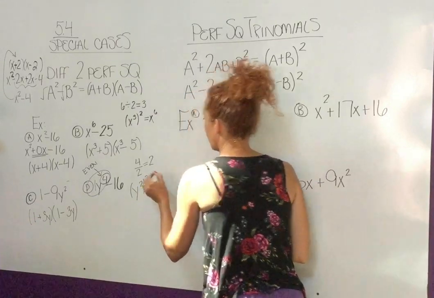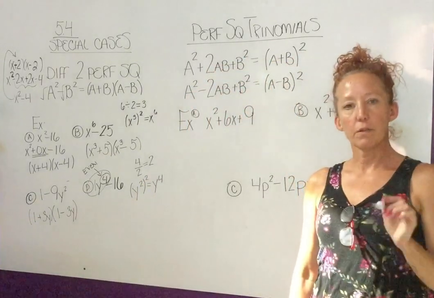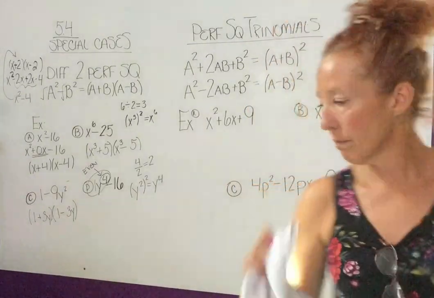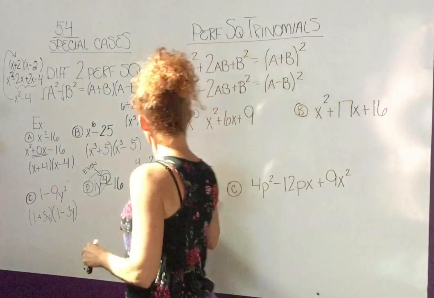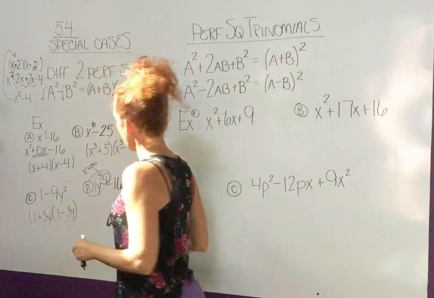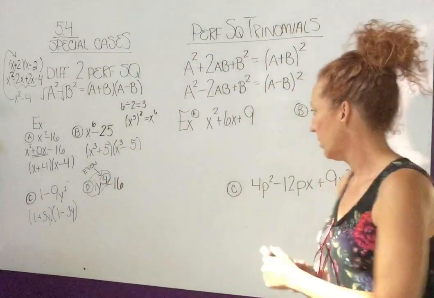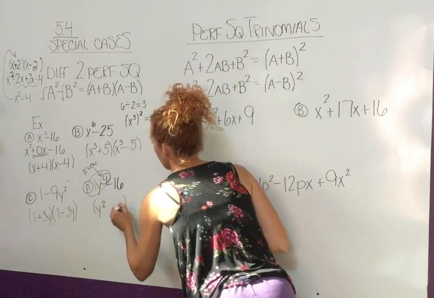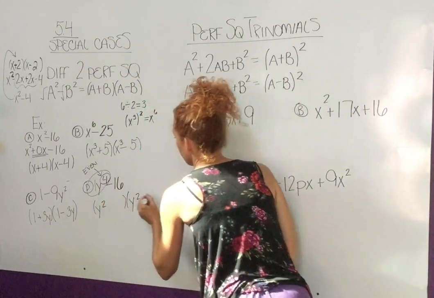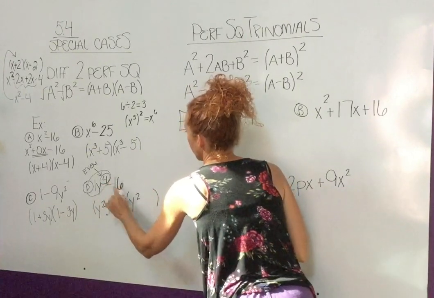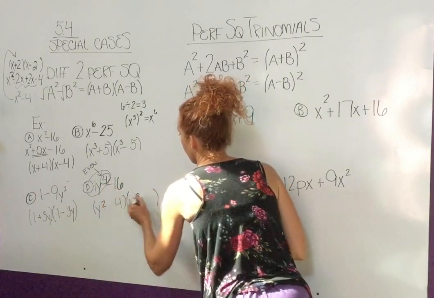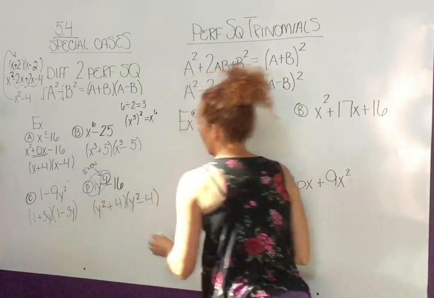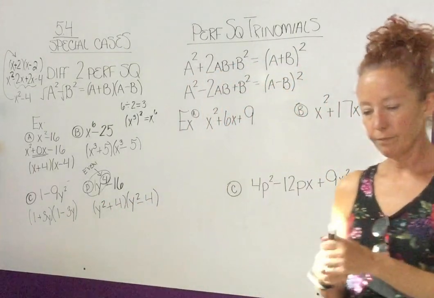But this is y squared squared, because 2 times 2 is going to bring us back to y to the fourth. So square root, or divide by 2, this first term, and we get y squared and y squared. If I square root 16, I get 4 and 4, and I have one positive and one negative.